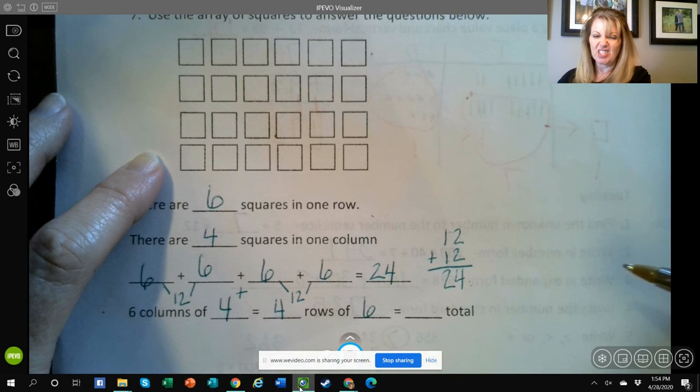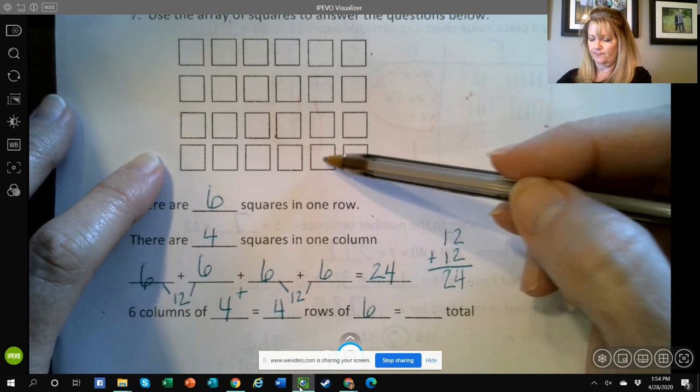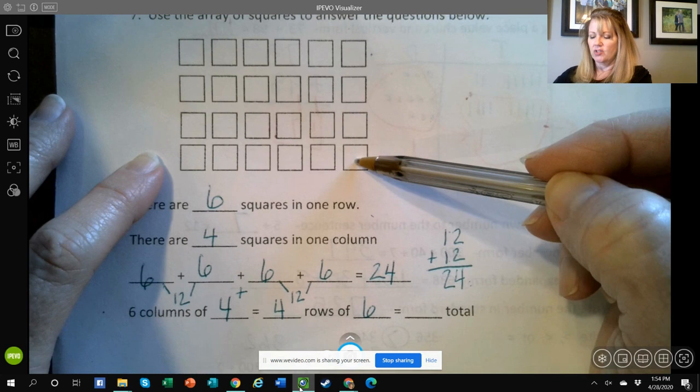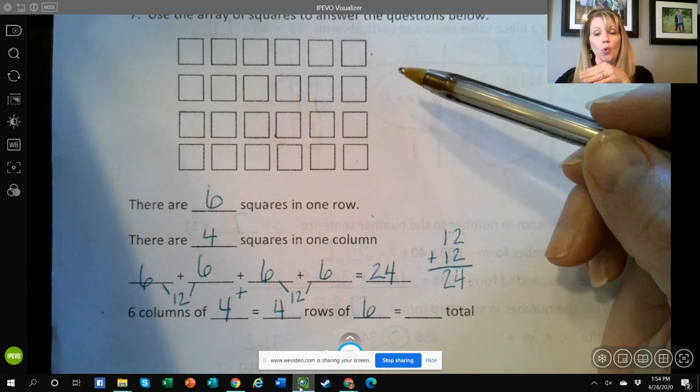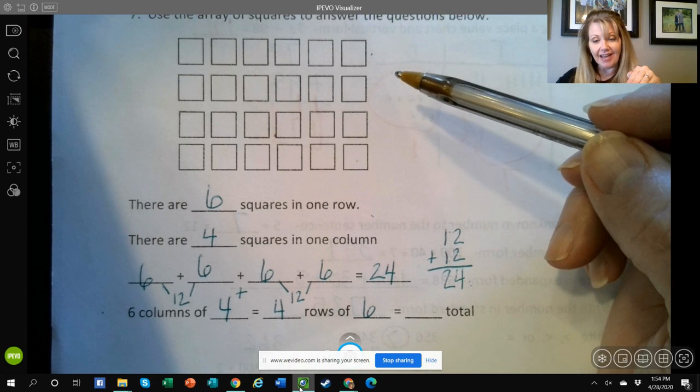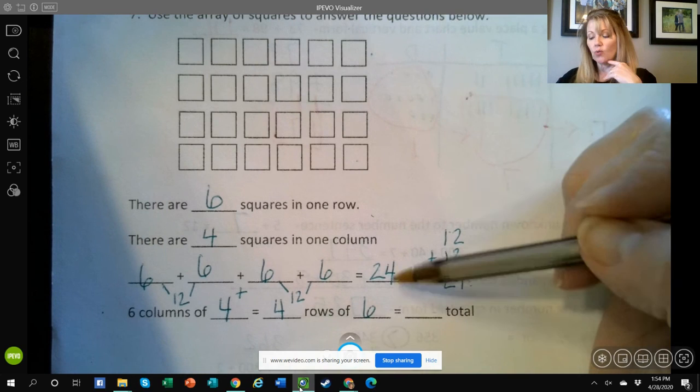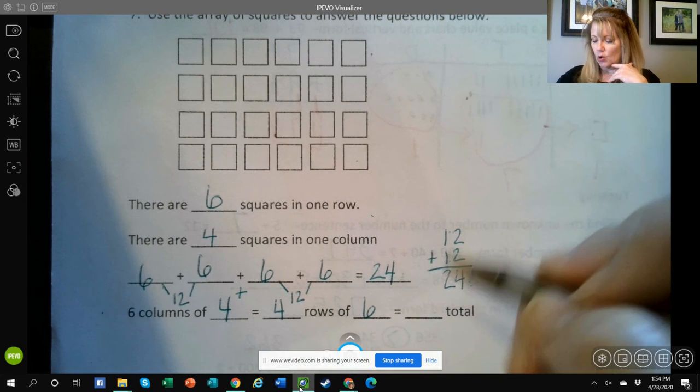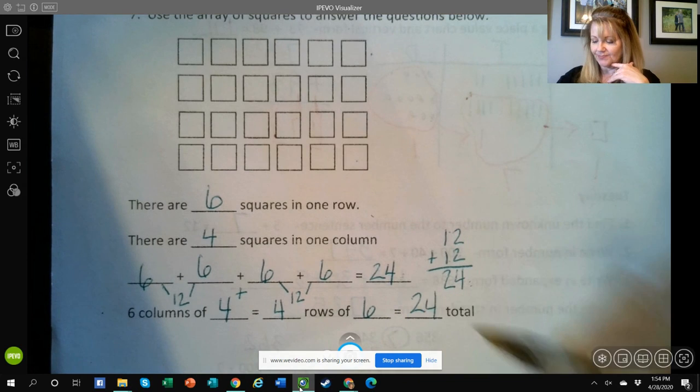There's 6 in each of these rows. So if we have 6 columns of 4 equaling 4 rows of 6, how many do we have altogether? We figured it out right here. We have 24 total.